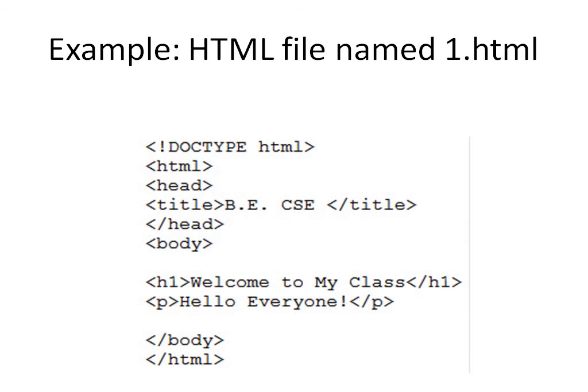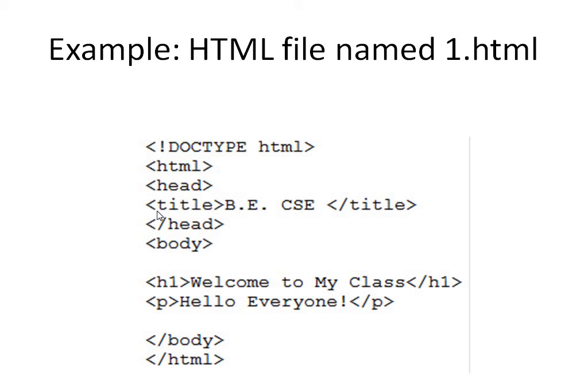Now let us see one simple example. This is an example file named one.html. We know each and every file should have its own extension. These HTML files are saved with the .html extension, and this is the name of the file. These are all called tags. The opening angular bracket and the closing angular bracket make up the tags, right?